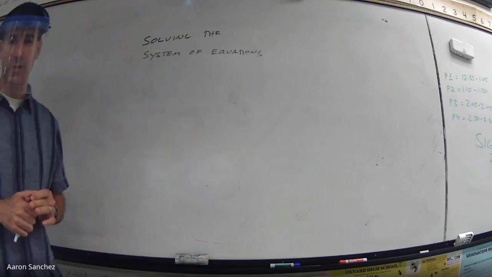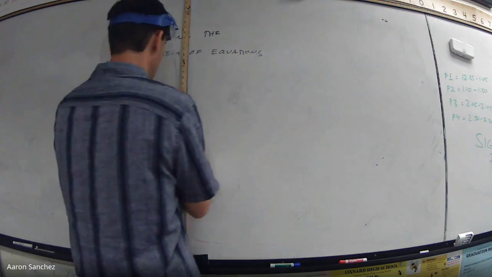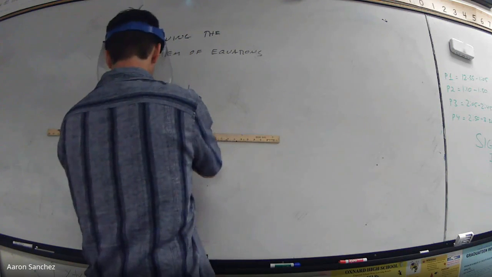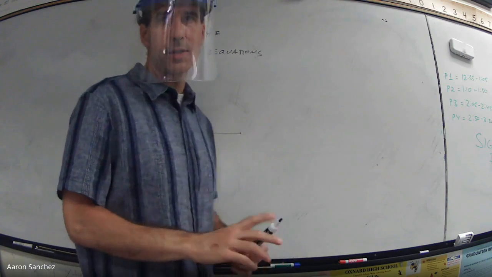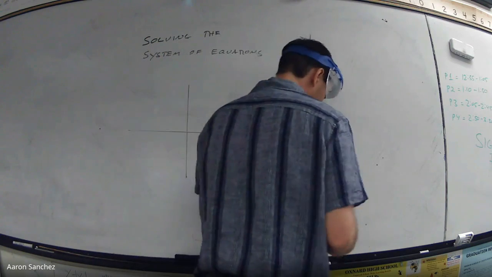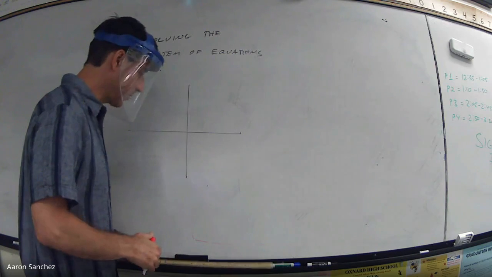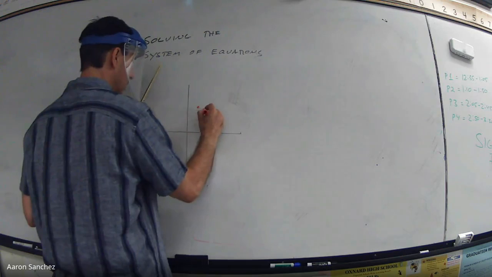So like solving for the system of equations, you don't have to write this down, but if I'm given my coordinate plane, it can be lines, parabolas, polynomials, it can be anything, but we're just doing lines. Let's say it's the point 2, 5.